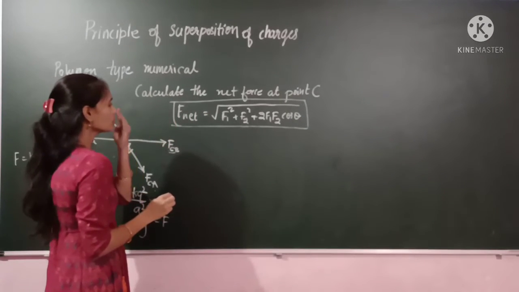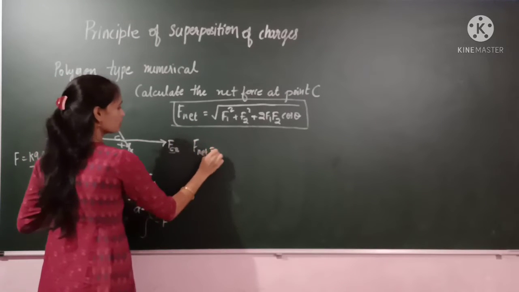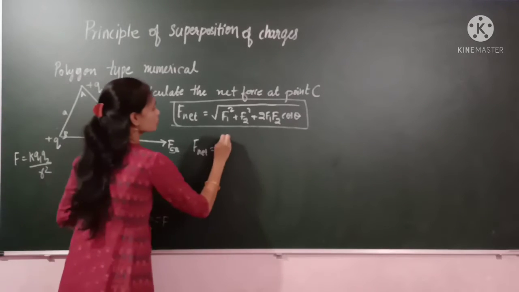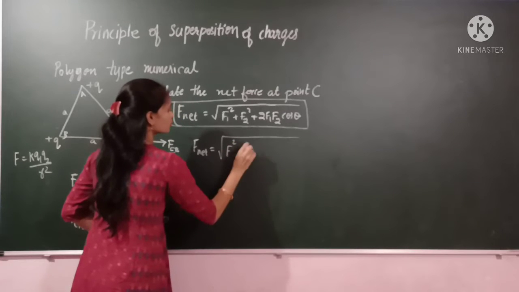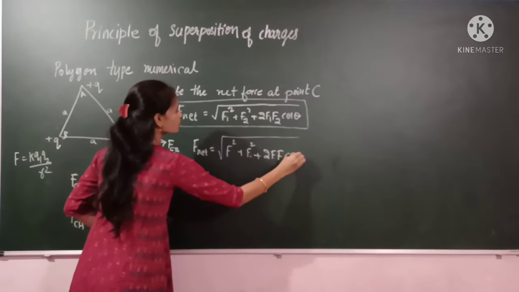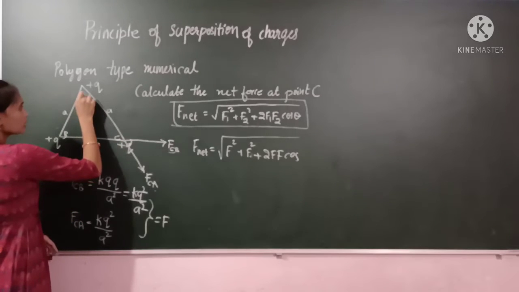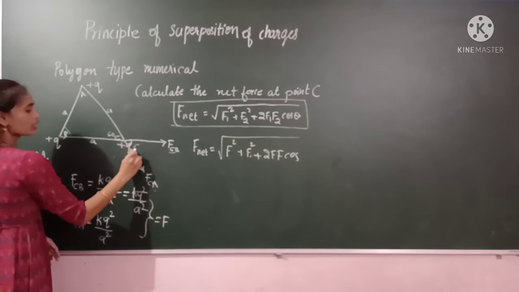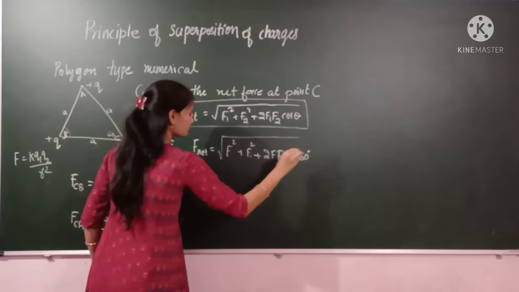Here both forces are the same, so F net equals square root of F square plus F square plus 2 F into F cos theta. How much is this angle? If it is an equilateral triangle, all angles are 60 degrees. So we take cos 60 degree.